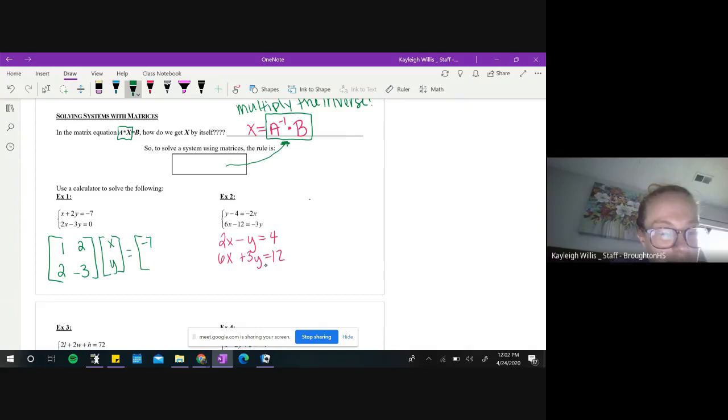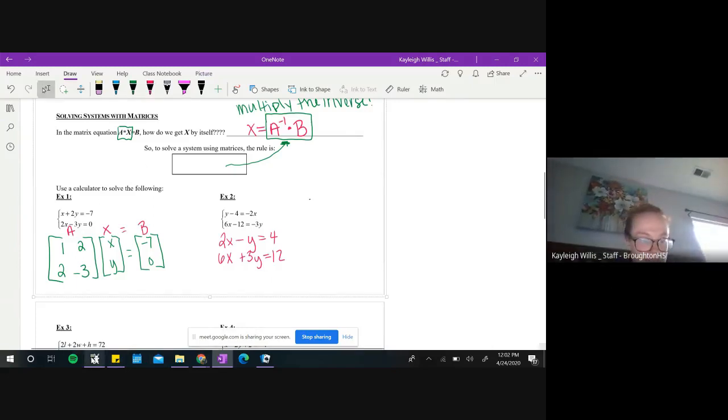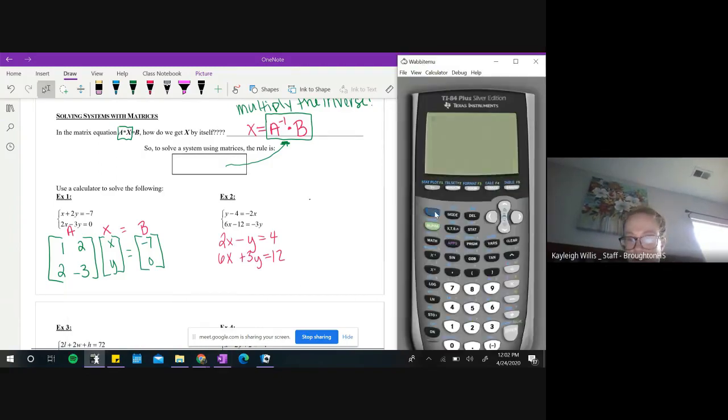And I'm not going to rewrite it with the inverse. So we say A, this is my X, and this is my B. So when we type this in our calculator, so let me get up the calculator. I'm going to go to second matrix. I'm going to go to edit. And this is a 2 by 2 for A.